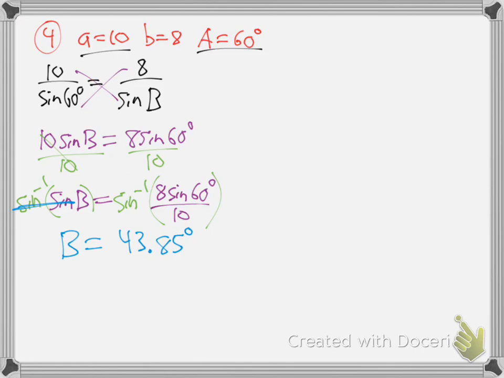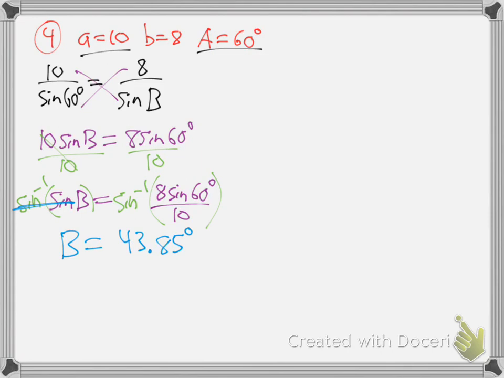We got angle B. Everybody good to there so far? Because there's a wrinkle I'm going to explain to you. If you're good to there, you guys getting your calculators to do those tricks?